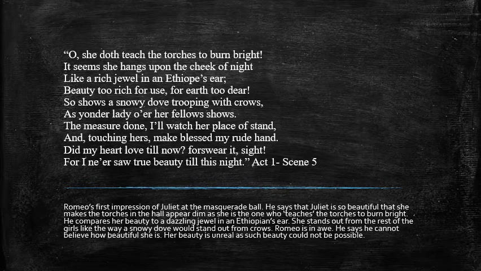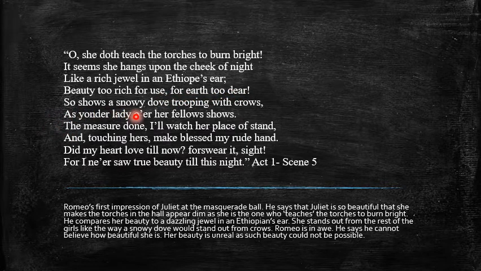Let's look at the following quote by Romeo from Act 1, Scene 5. Oh, she doth teach the torches to burn bright. It seems she hangs upon the cheek of night, like a rich jewel in an Ethiope's ear, beauty too rich for use, for earth too dear.